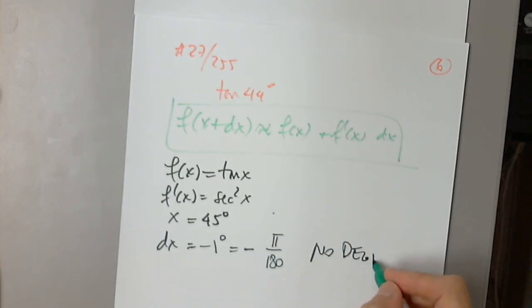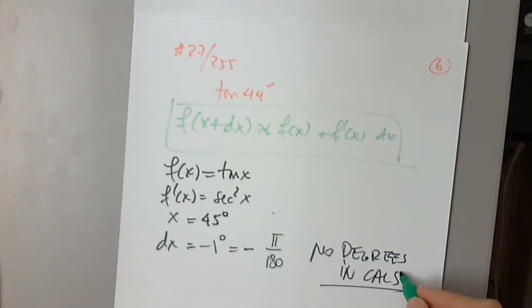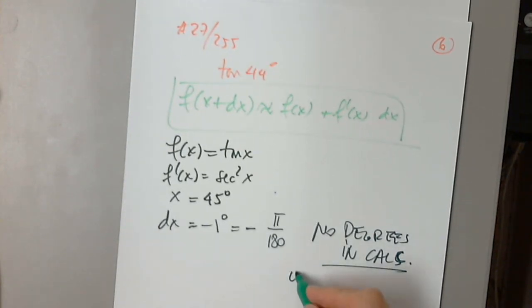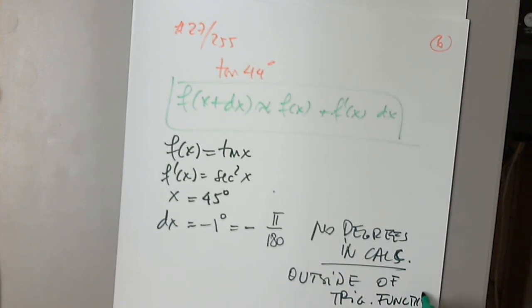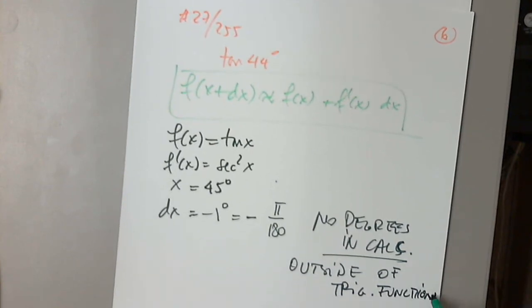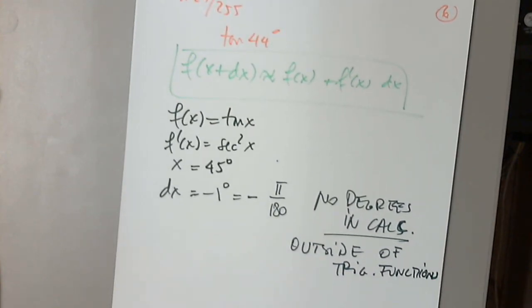No degrees in calc, unless they are inside a trig function. Only radians outside of a trig function. Please remember that. Okay, so now I have everything, so we're ready.